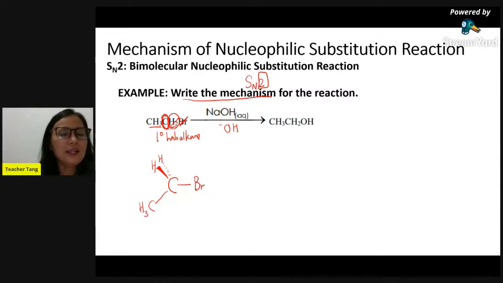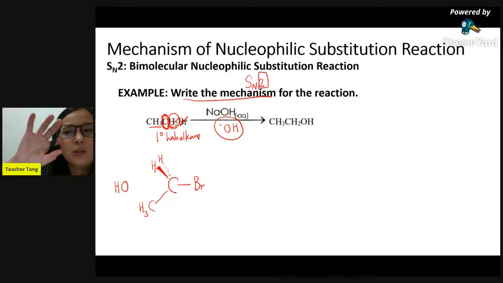And then this haloalkane will be attacked by the nucleophile hydroxide ion from the back, opposite to the halogen. So if you draw the halogen to the right, the nucleophile must attack from the left. Okay, so for hydroxide, the negative charge is on the oxygen.